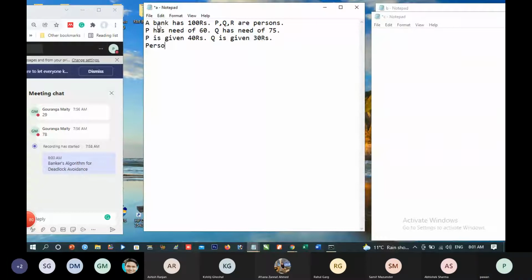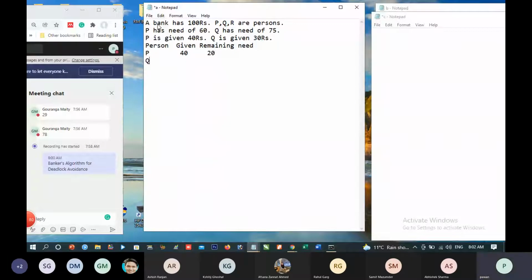Person, given, and the remaining need. The person P has been given 40 rupees and the remaining need is 20.